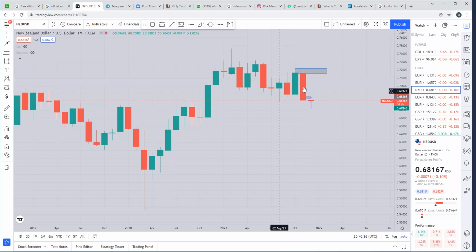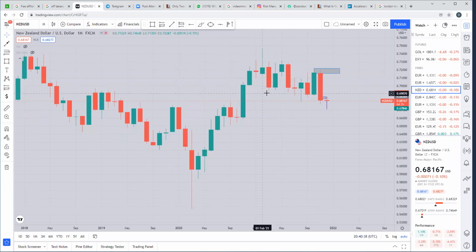So that means that in the month of November, this market was bearish. In the month of October, it was bullish. The month of September was bearish. So time frame means how long it takes a candle to form. On the monthly time frame, one candle is a month.